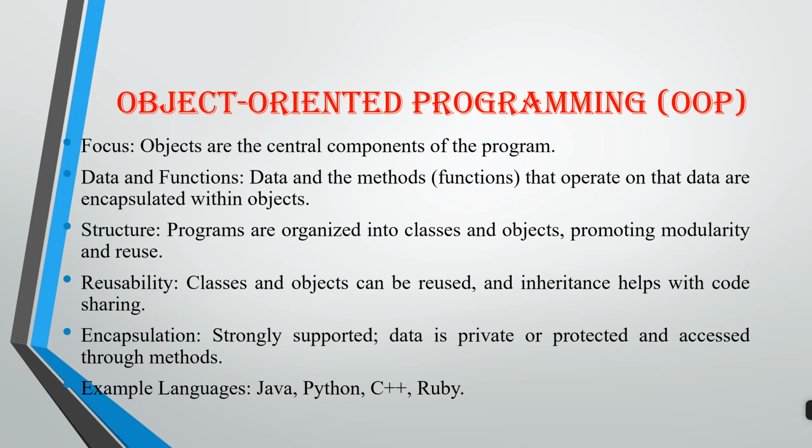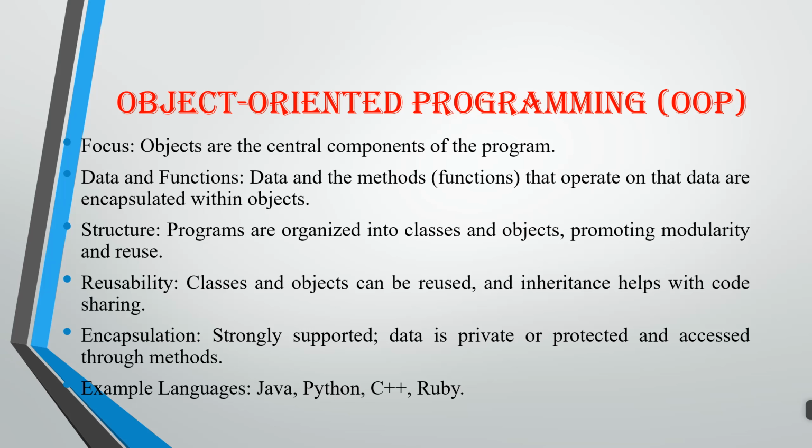Now, coming to the structure of the program. The program is organized into classes and objects, and these classes and objects promote the concept of modularity and reuse. So by means of the classes and objects, there is a possibility of reuse, and it is a classic example of modularity.